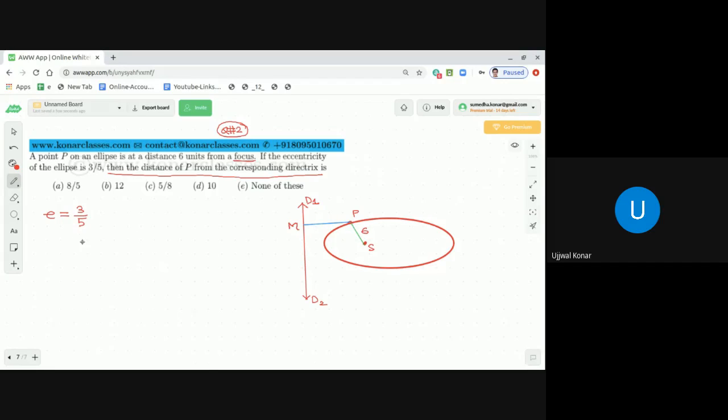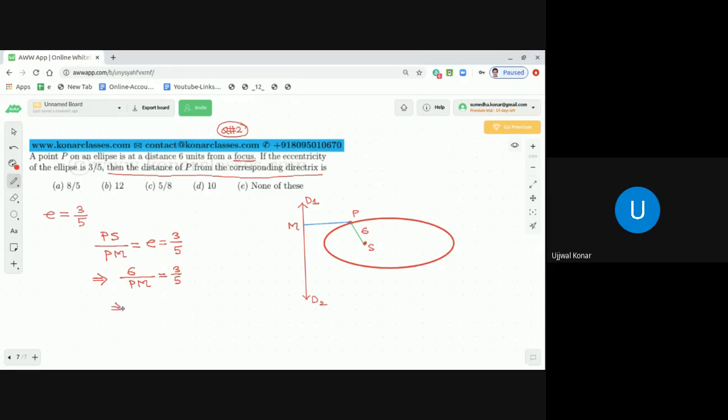So in simple terms, PS divided by PM is nothing but E, which is 3 by 5. It is already given that E is equal to 3 by 5, PS is equal to 6. So all we need to find is the value of PM. So 6 divided by PM is equal to 3 by 5.